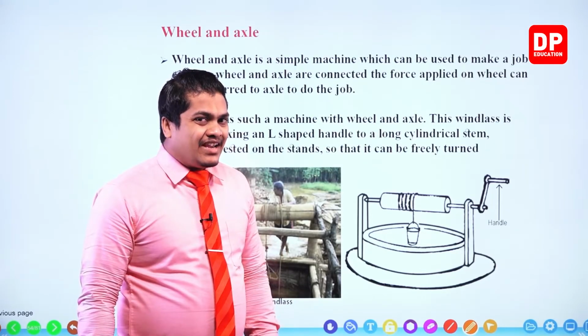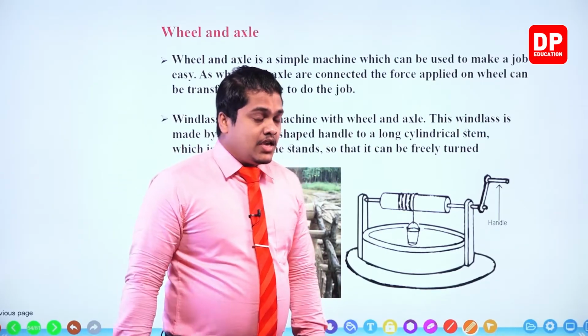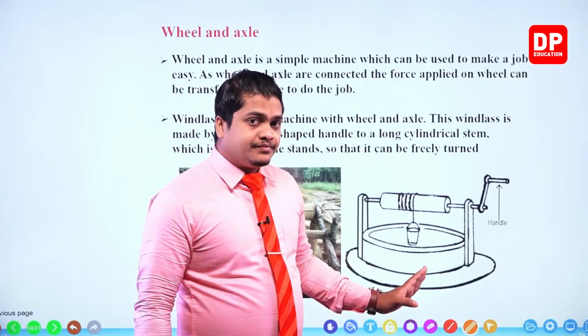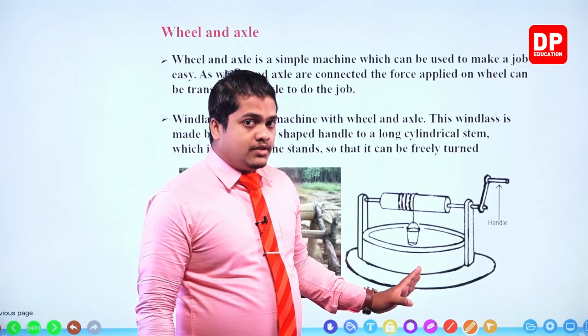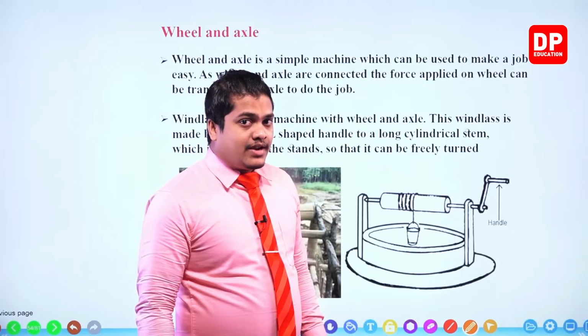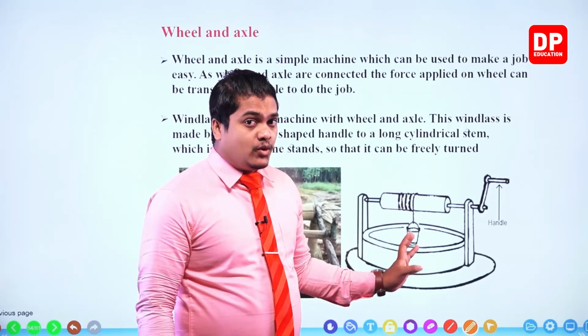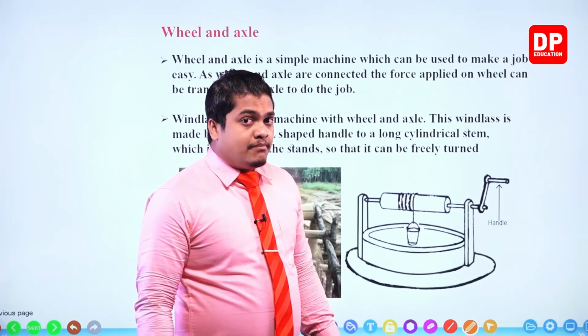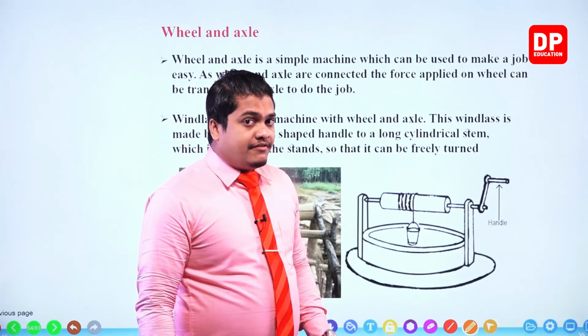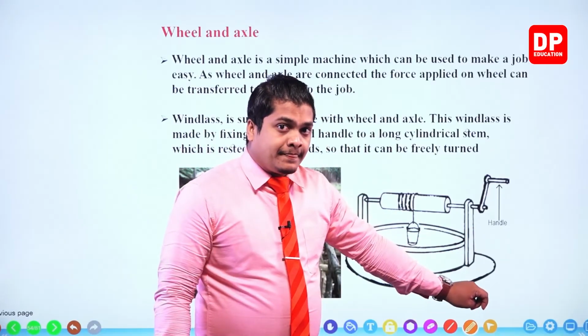So the basic idea in the wheel and axle is that the work done by the effort can be calculated quite easily by multiplying the effort with the circumference of the handle.